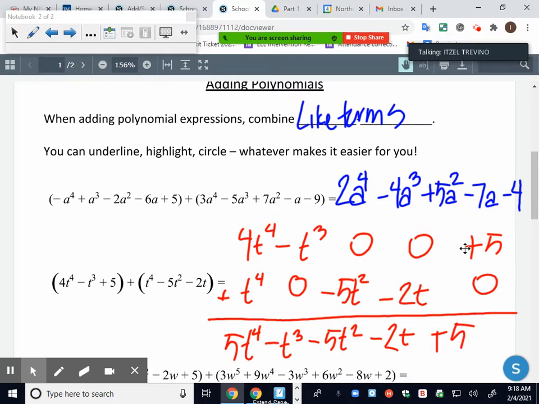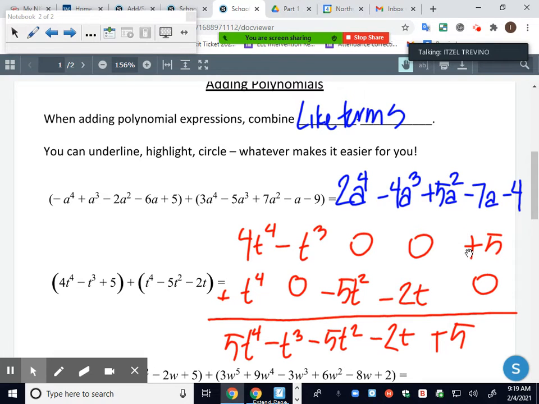Plus 5. Okay? That's it. If you prefer to line them up like this, you can do that. It's up to you, however you'd like to solve for them. Just make sure we're combining only my like terms together. Okay? Only my like terms together.